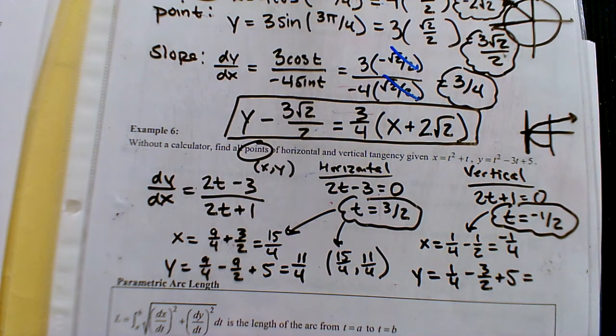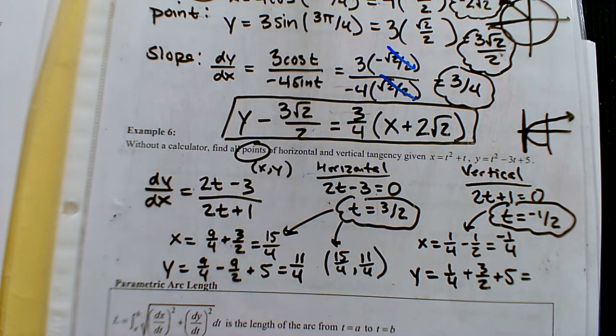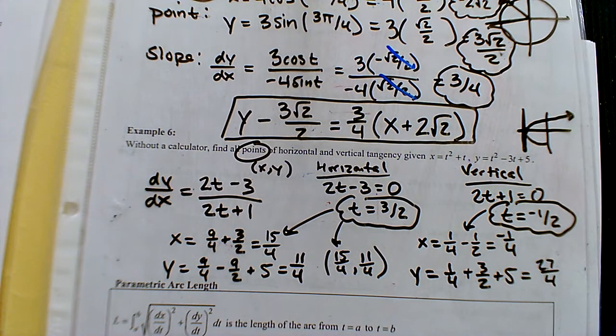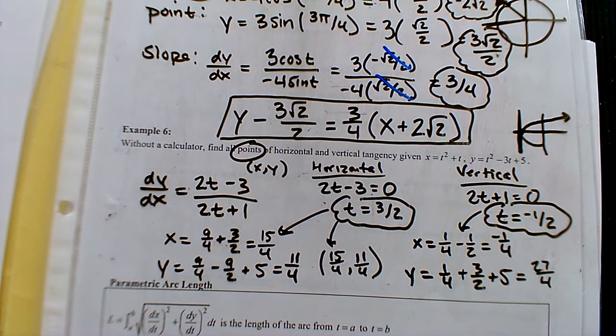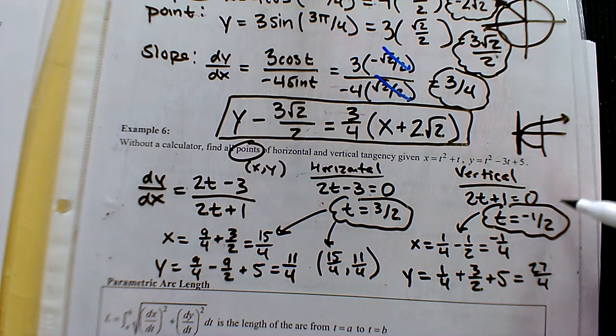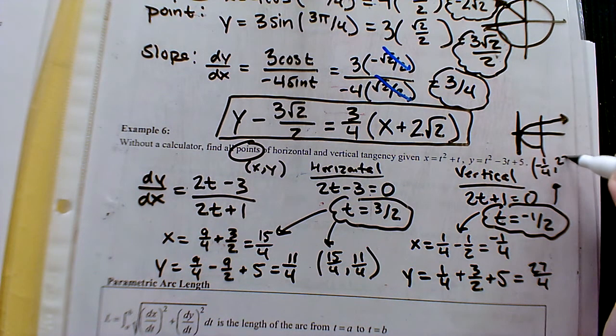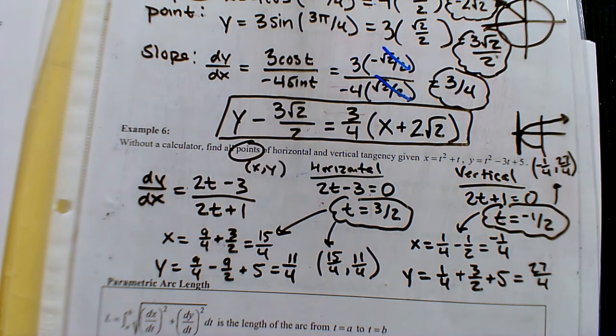So 1/4 minus 6/4 plus 20/4. Actually, this would change to a plus because it's -3 times -1/2. So 1/4 plus 6/4 plus 20/4. Looks like 27/4. All right, so we'll say that point is -1/4, comma 27/4.